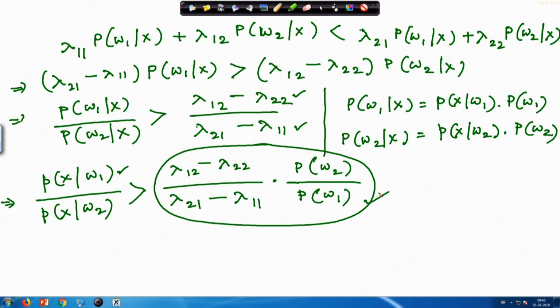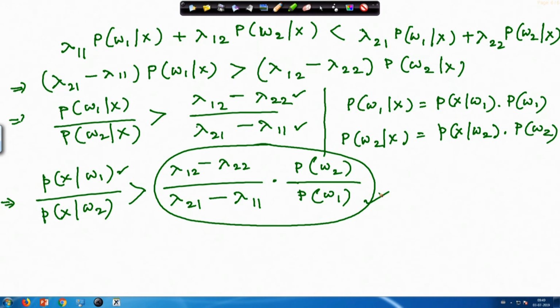The threshold is in terms of the loss functions and the a priori probabilities. So, if the likelihood ratio is above this threshold, then we take an action in favor of class omega 1. So, we will continue this discussion further.